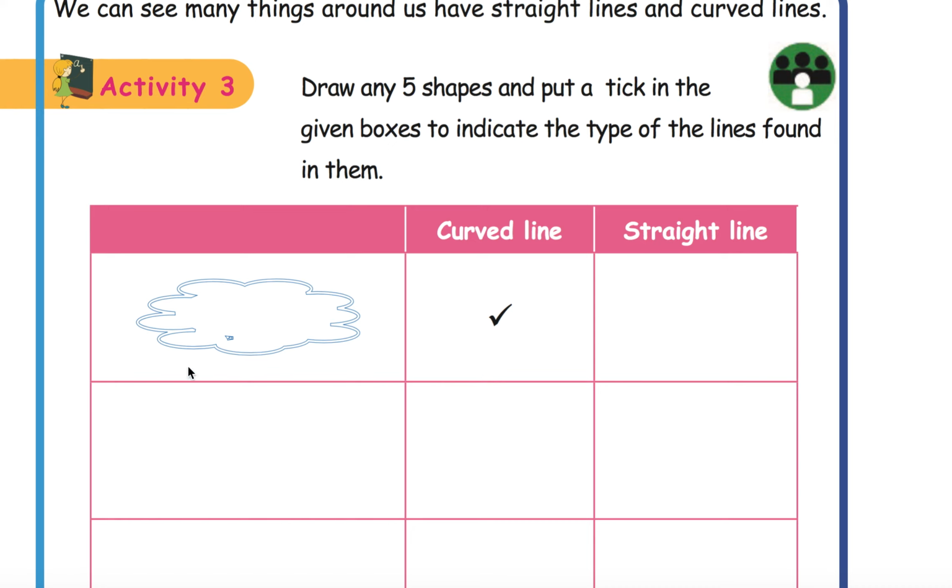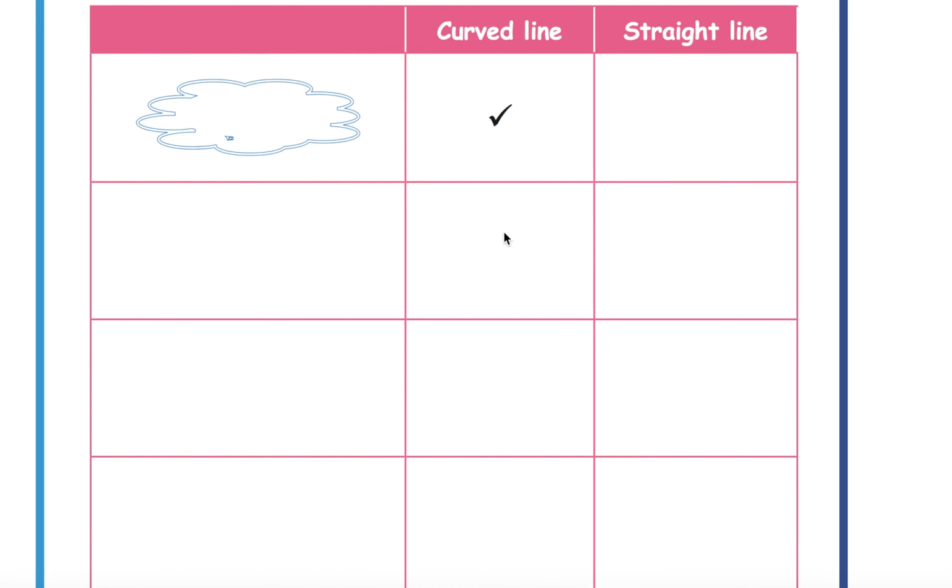Now see, one example is given here. Is this a curved object or straight line? This is a curved object only. It has more curved lines, so tick curved lines. Now you draw on your own and see whether it is having curved lines or straight lines.